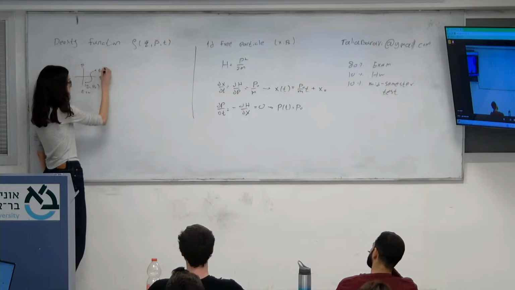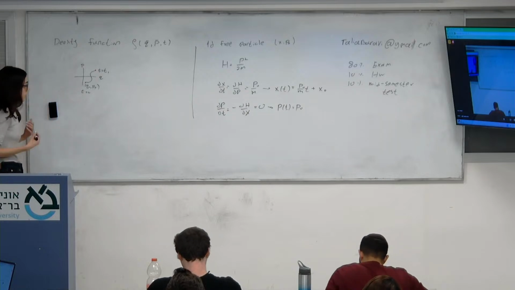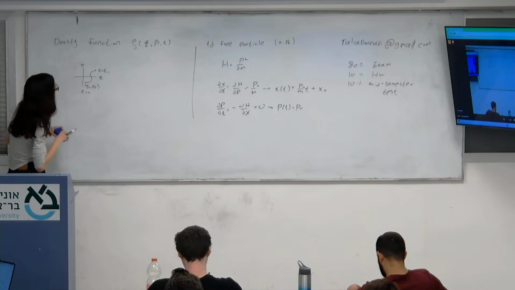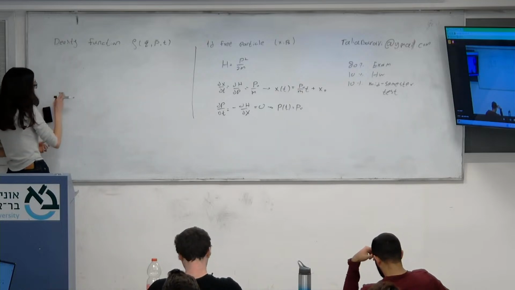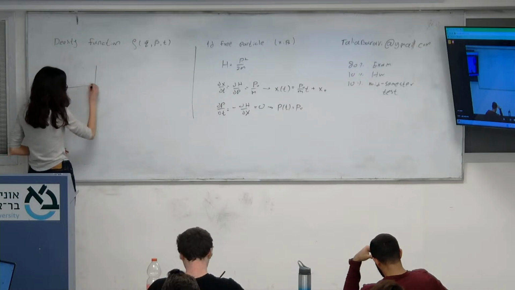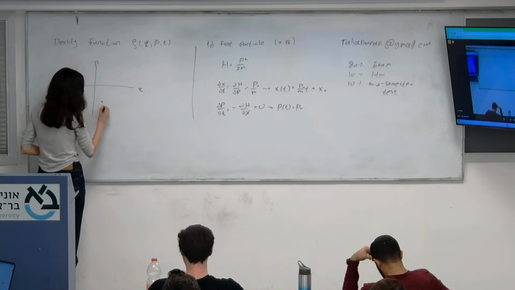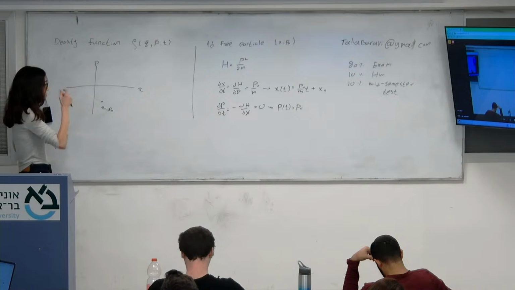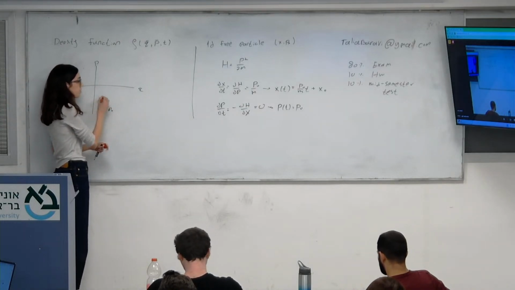So this is for some point t equals t1. So now instead of looking at a single point, I'm going to go a little bit bigger. Instead, I'm going to look at a cloud of points around this point.